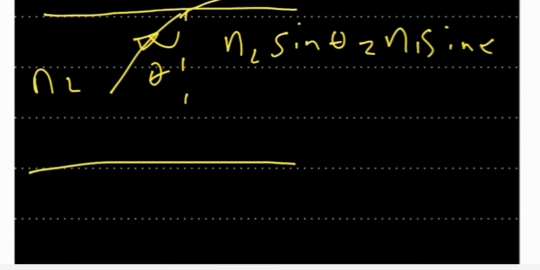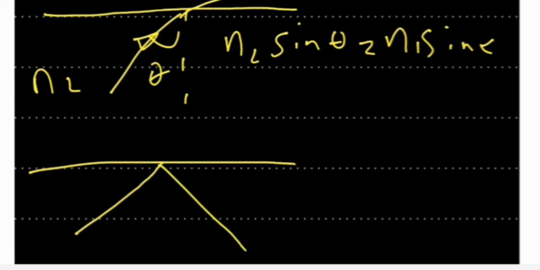So n2 is bigger than n1, and if you do it at the right angle, the refracted beam goes along the boundary, and you have total reflection.